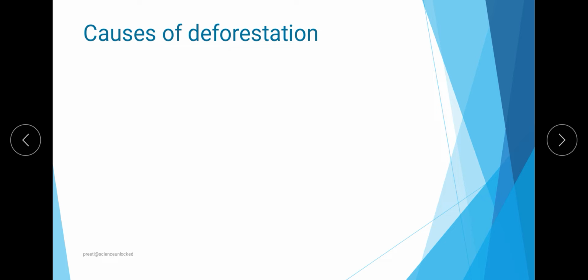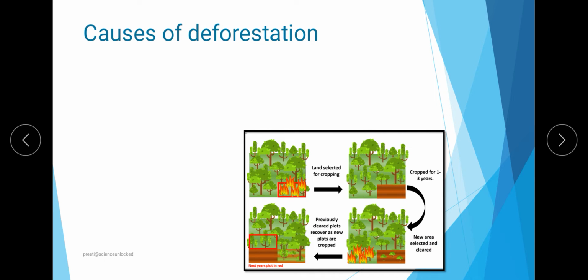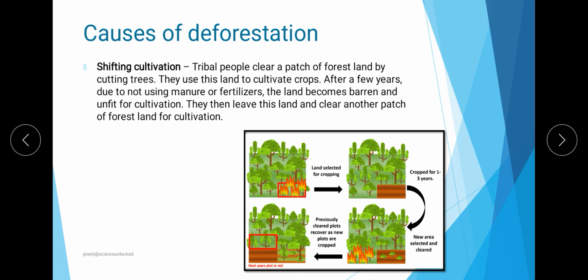Now obviously utilization of forest includes lots of exhaustion of the resources from the forest, but at the very same time we cannot forget a few important aspects like shifting cultivation, which is actually a process of generating agricultural products by using the land and eventually leaving the land after a few years of cultivation and moving to a new place.